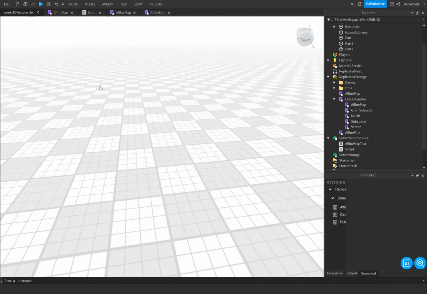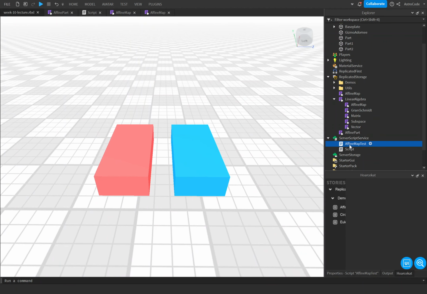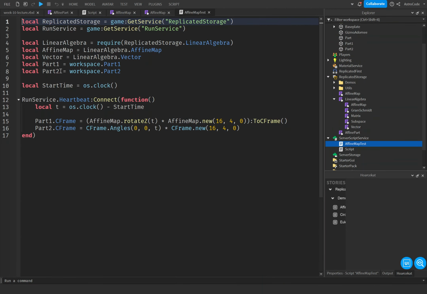We should probably also check that it works. So, all right, there we go. I have 2 parts here. And what are we going to do with these parts? I think this is just some old code that I was working on. So for part 1, let's use Roblox's methods. So part 1 CFrame, we'll translate it to this position, and then we'll rotate it using from Euler angles.